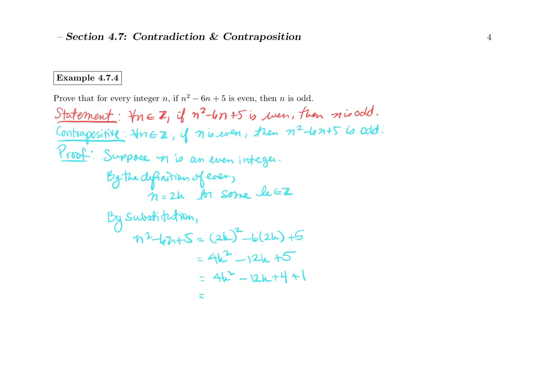We need our form of n squared minus 6n plus 5 to be equal to 2k plus 1, or 2p plus 1, or 2 times any integer plus 1. So we have to factor out that 2. So we're left with 2 times (2k squared minus 6k plus 2), and on the outside we still have our plus 1.